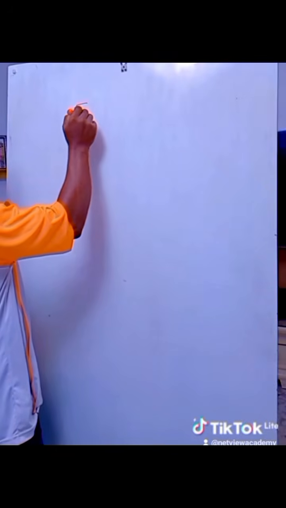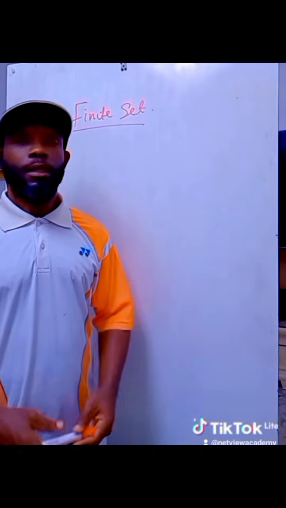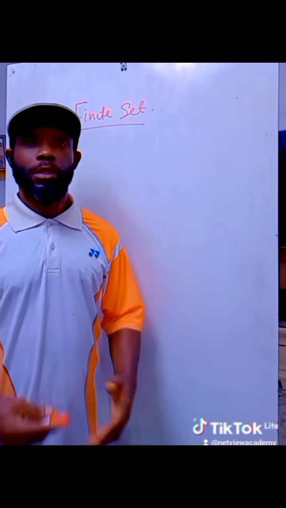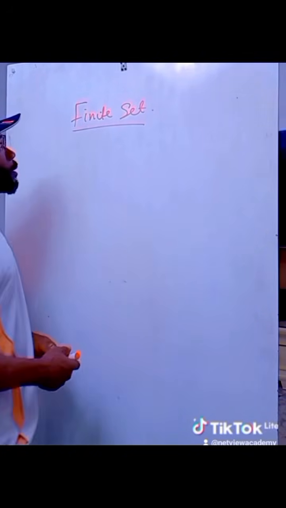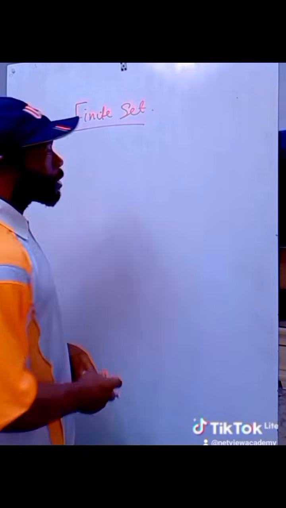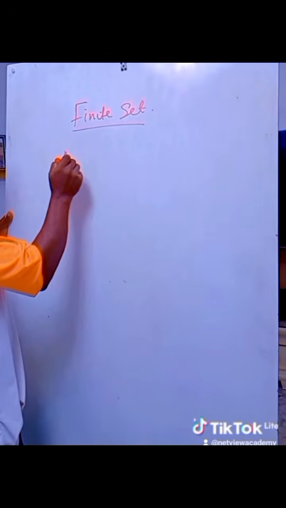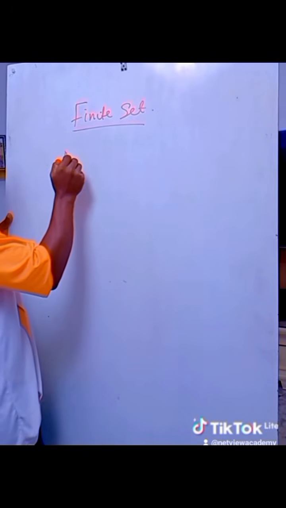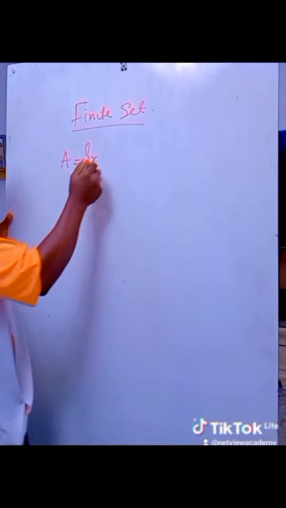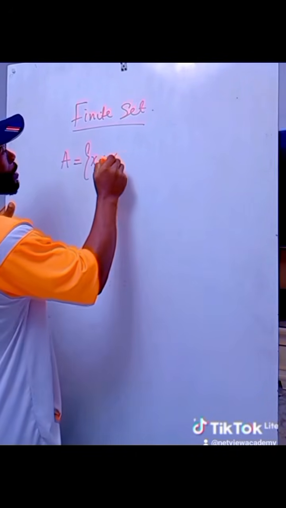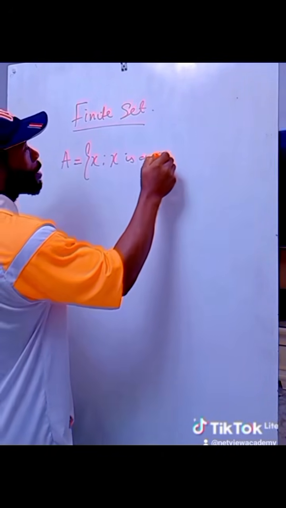The finite set. The members of a finite set are countable. So a set whose element can be counted can be referred to as a finite set. Example, set A contains the element x, such that x is a state in Nigeria.